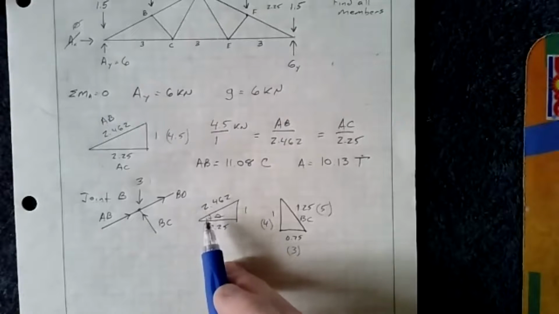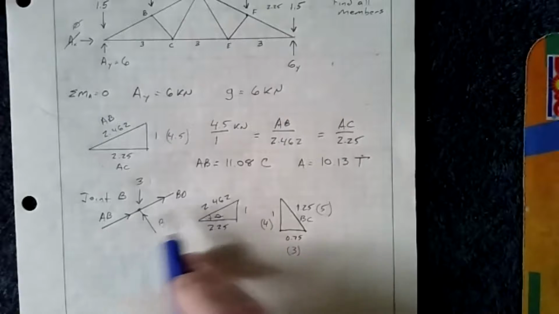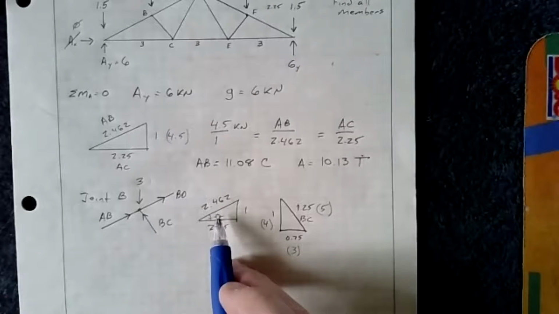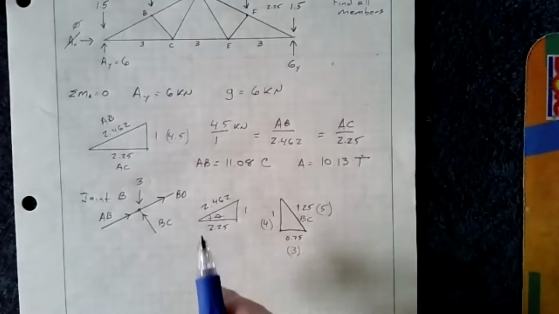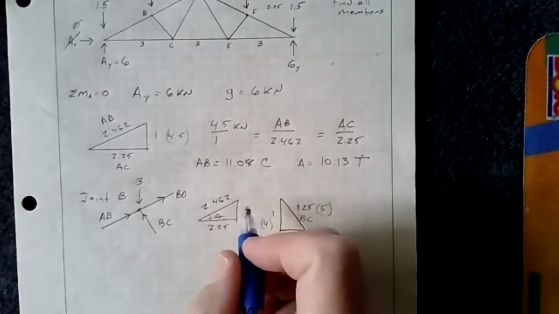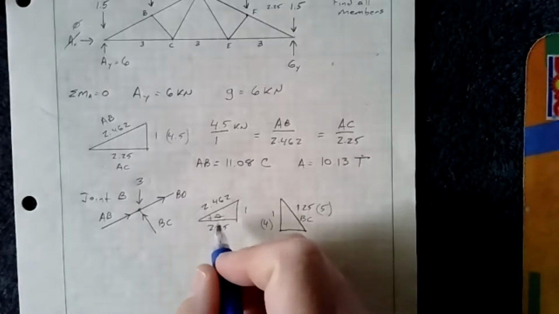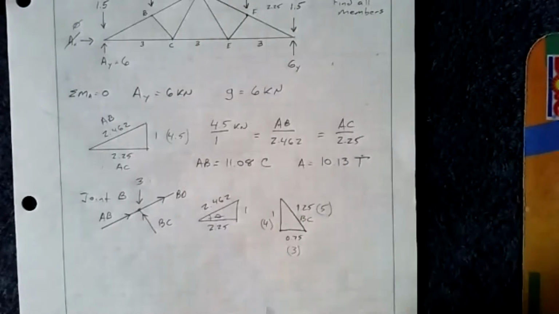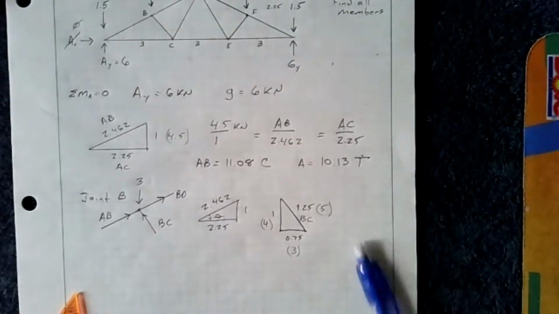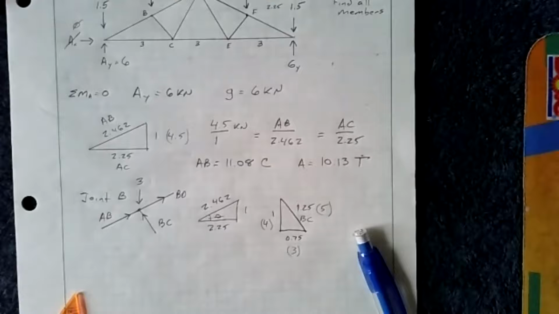So I'd multiply my force AB times cosine theta. Well, if I multiply by cosine theta, that's the exact same number as if I just take the ratio of 2.25 over 2.462. If you don't believe me, try it. So I find in trusses that I never use angles unless they're given to me initially, and I find it's much easier to just deal with the proportions.